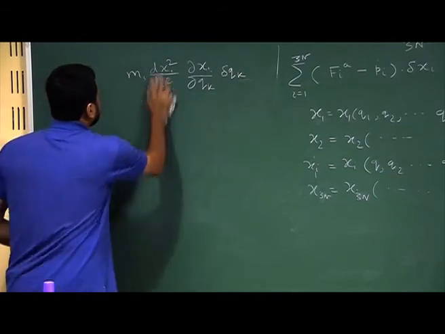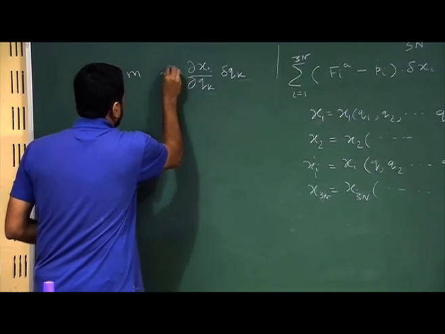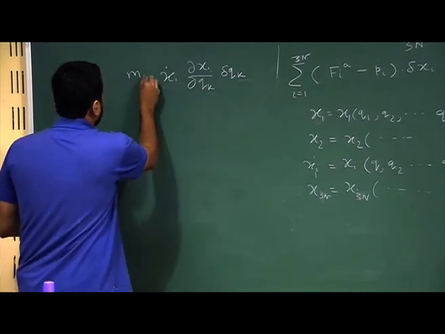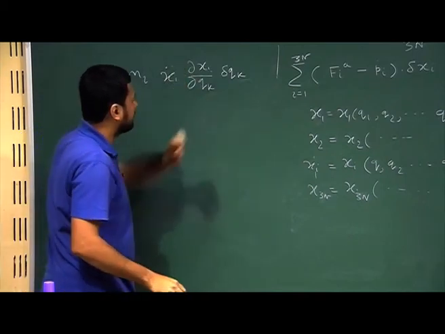I will simplify it even more. I will just put a double dot here. So it is mi xi double dot, del xi del qk, delta qk.